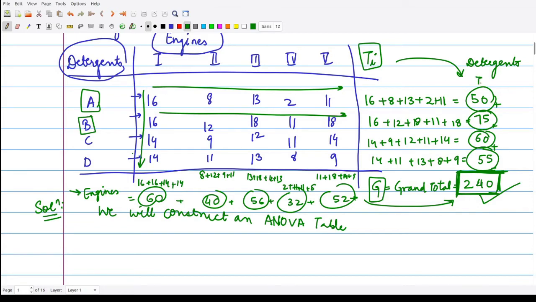This is your TA, and the number NA. There are how many elements? 1, 2, 3, 4, 5. So in total we have 5 elements here. Similarly, for each here we have 5 elements, and for each of these we have 4 elements. So for first engine we have 4 detergents, for second engine we have 4 detergents, and so on.